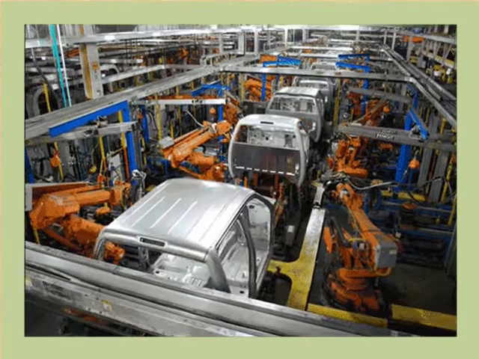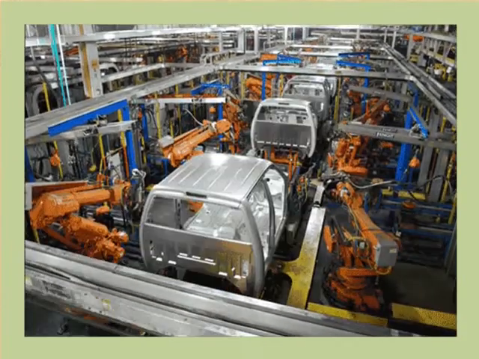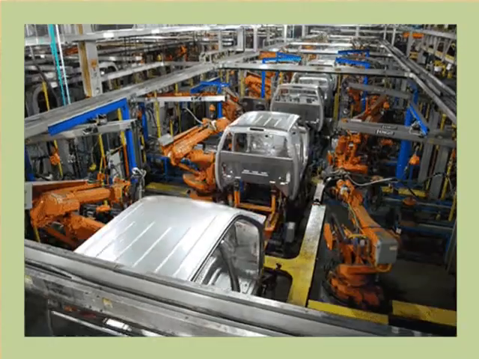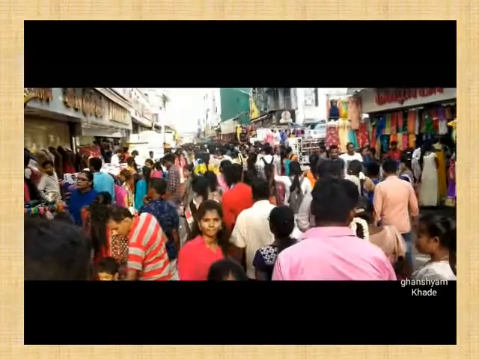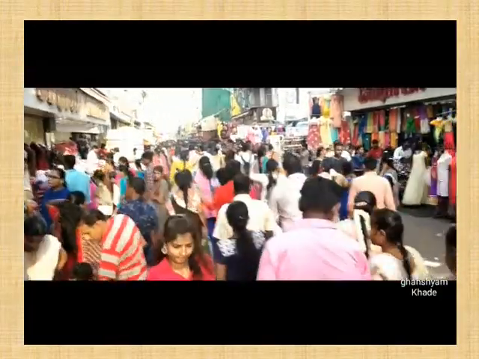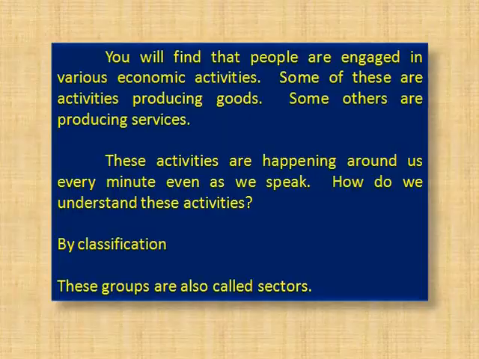These activities are happening around us every minute, even as we speak. How do we understand all these activities? One way of doing this is to group them, that is, classify them using some important criterion. These groups are called sectors.